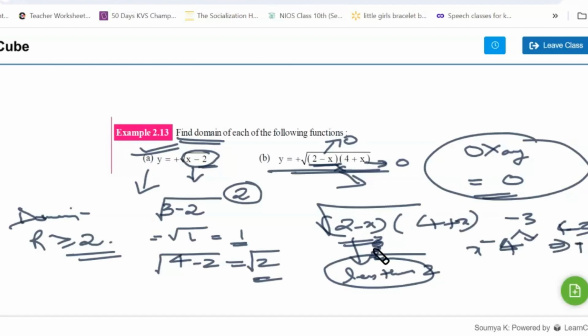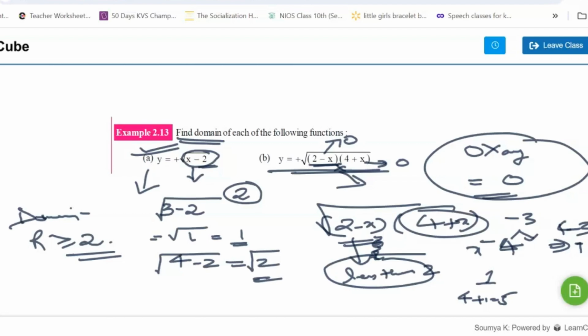Okay, so a positive value we will get. So in this case, greater than -4, again you can take 1. So 4 plus 1 will give you 5. So square root of 5 you will get from this, and you have a different result here.